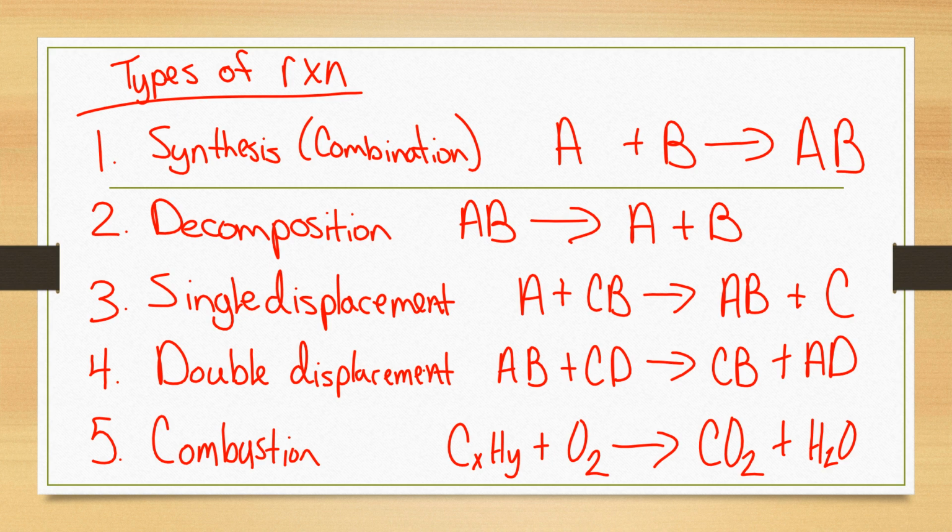So we have AB and CD, and then the new compounds are going to be CB and AD. And then the last one is combustion. Combustion will always contain an organic compound and oxygen in the reactants. The products will always be carbon dioxide and water.